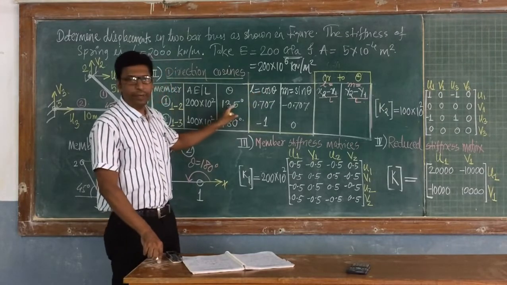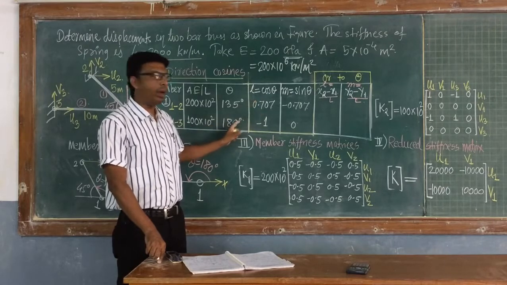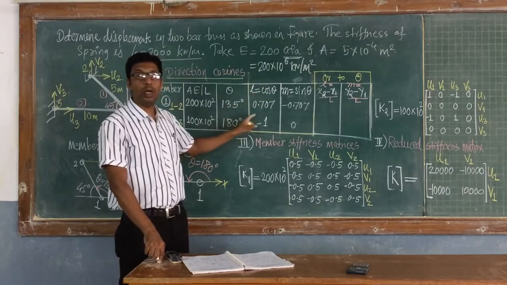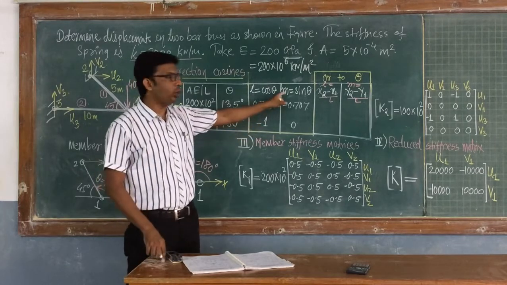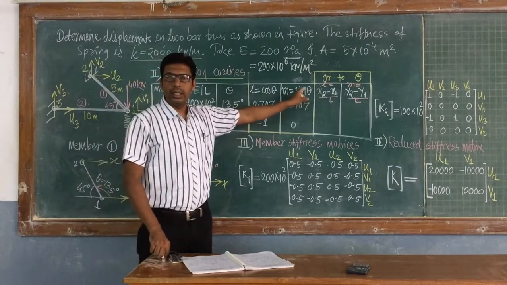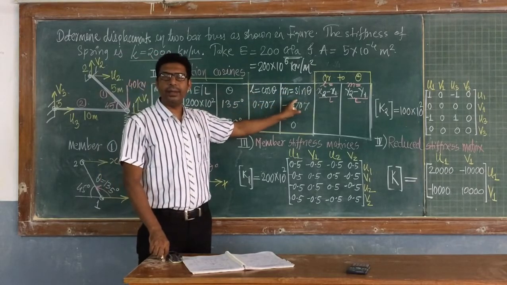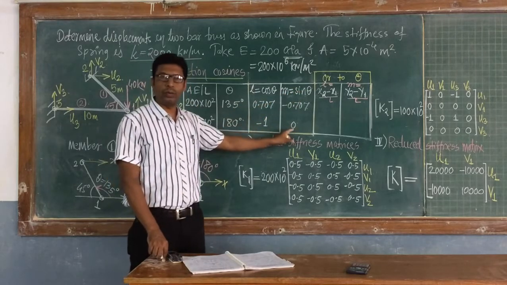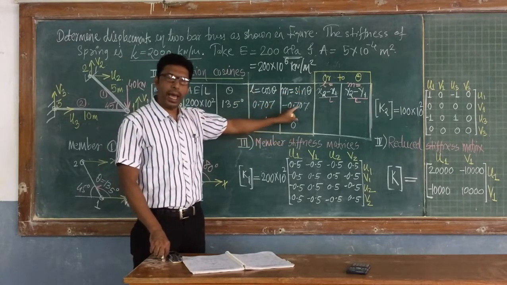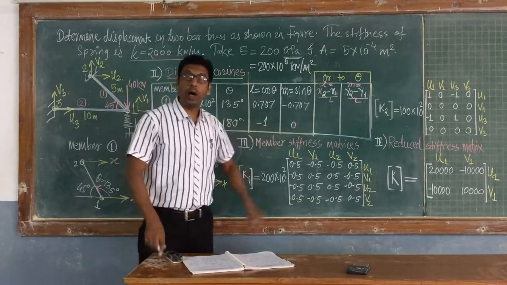So cos 135 is -0.707, and in second member cos of 180 degree is equal to -1. Similarly, M is equal to sin theta. Sin of 135 is equal to 0.707, and sin of 180 is equal to 0. So this is L and M for first member. This is L and M for second member.